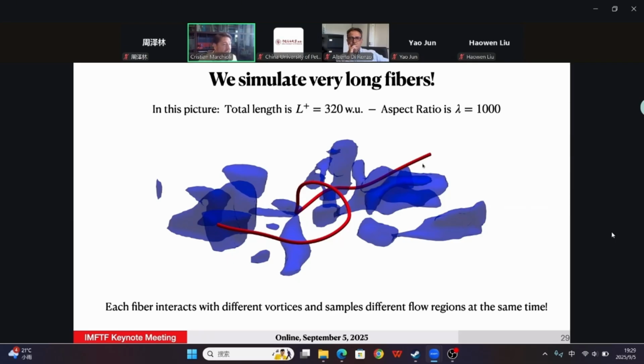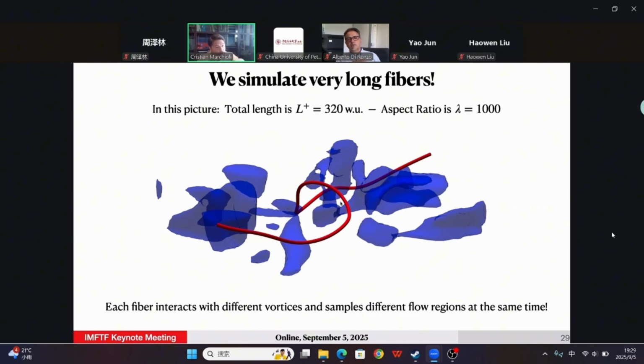So you can see it's pretty smooth, so the resolution is quite good for the fiber and undergoes strong deformations. And these isosurfaces here that you see are the turbulent coherent structures, so the vortices, that this fiber sees along its length. So you can see that there are many vortices and so different flow regions that are sampled by the different portions of the fiber.